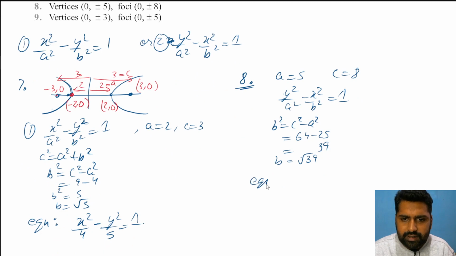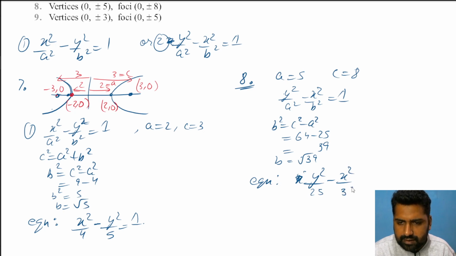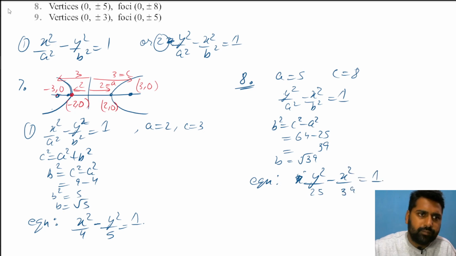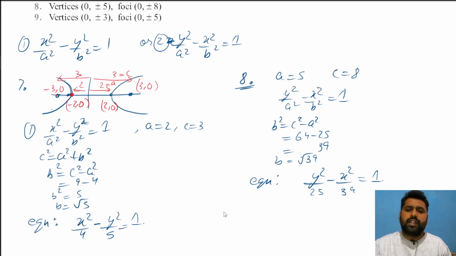Now write the equation directly. Y square by A square, that's 25, minus x square by B square, 39, is equal to 1. That's your standard equation of hyperbola.